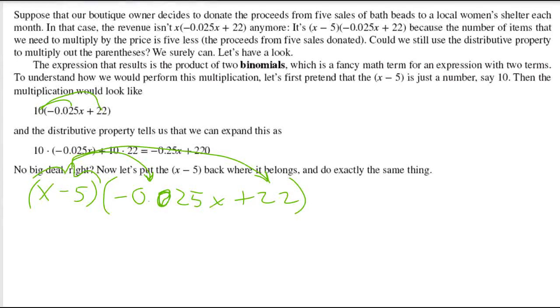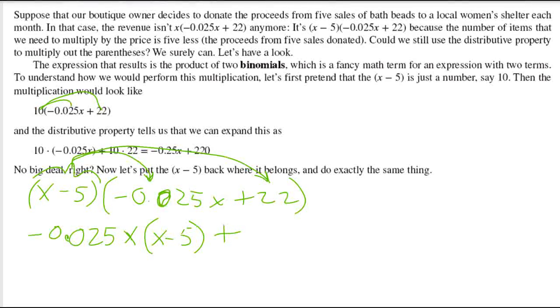So I'm going to have x minus 5 times negative 0.025x. And we like to write, if we have something multiplied by parentheses, we like to write it on the left. So I'm going to write the negative 0.025x on the left side of x minus 5. Even though I'm doing x minus 5 times negative 0.025x, I can write negative 0.025x times x minus 5.